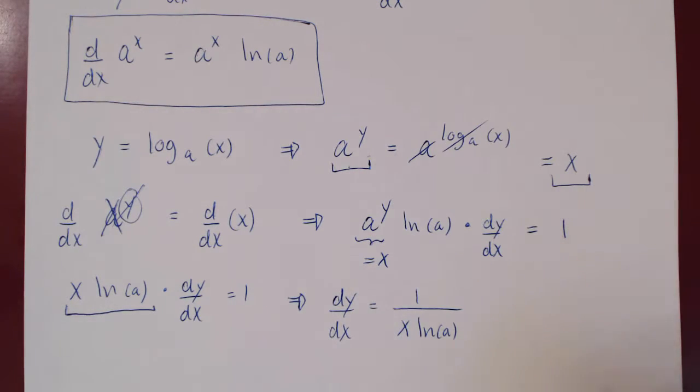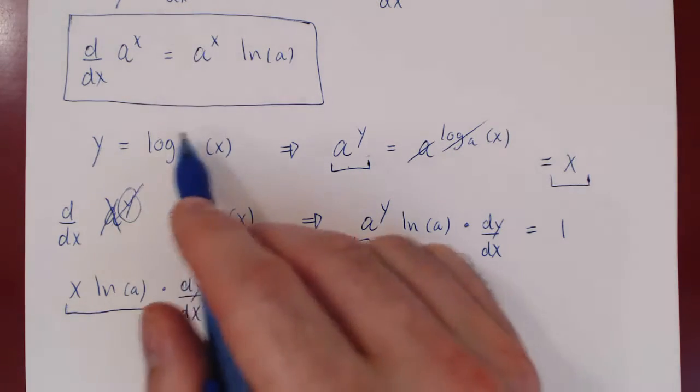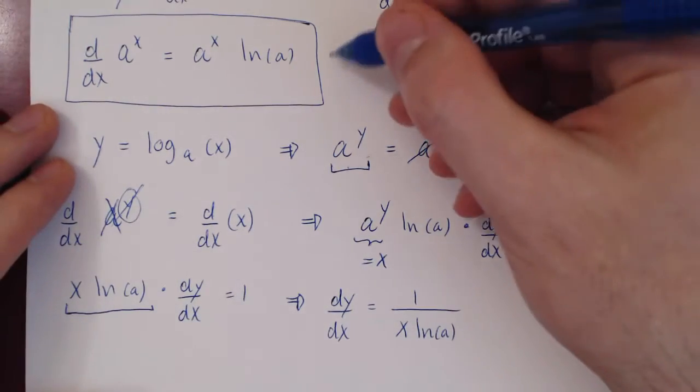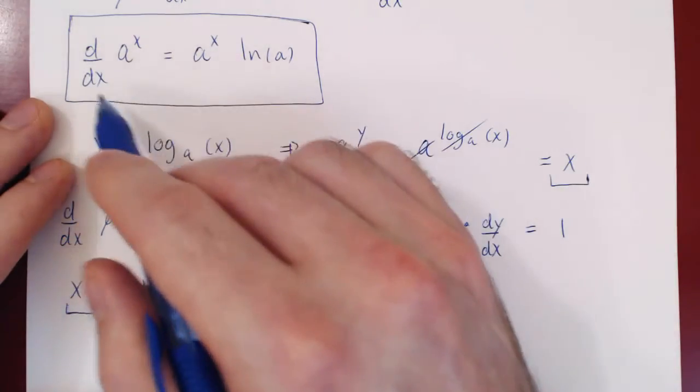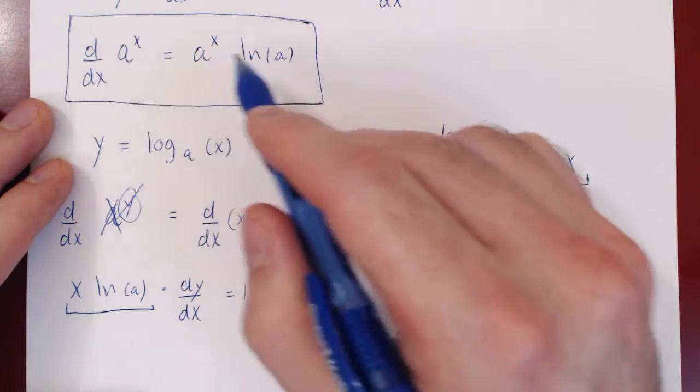And if you remember, y was just the logarithmic function base a. So you see we'll have a very similar result. The derivative of a to the x is a to the x ln of a.